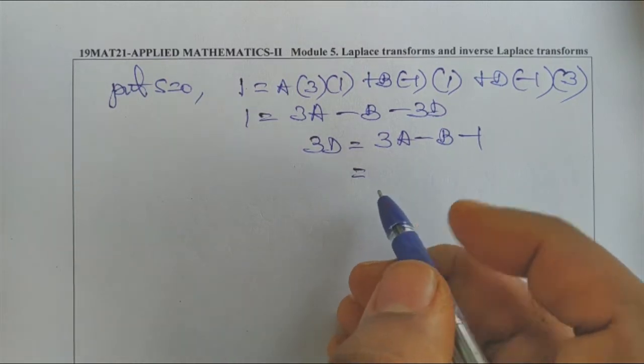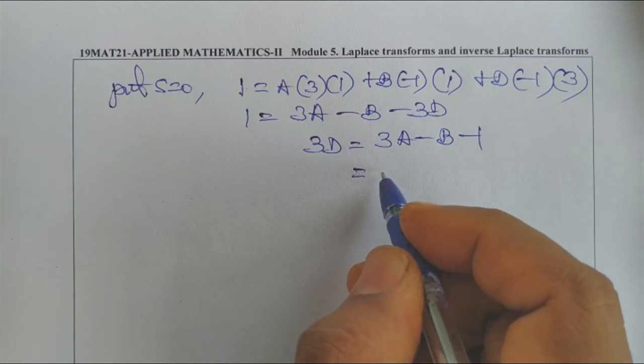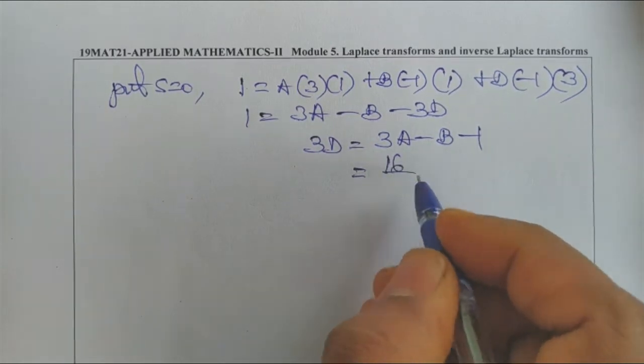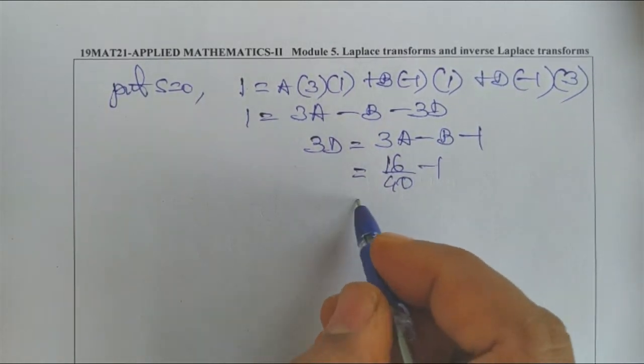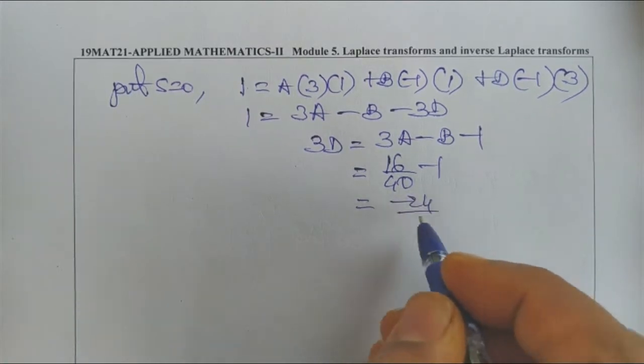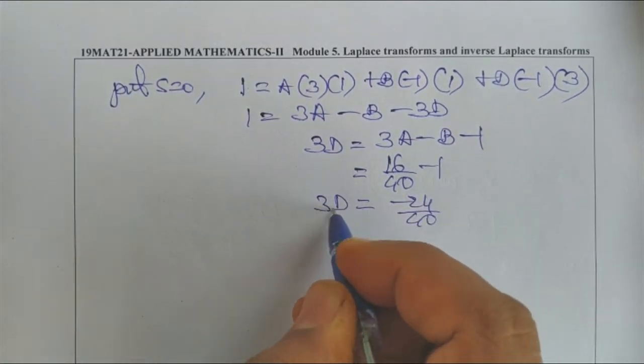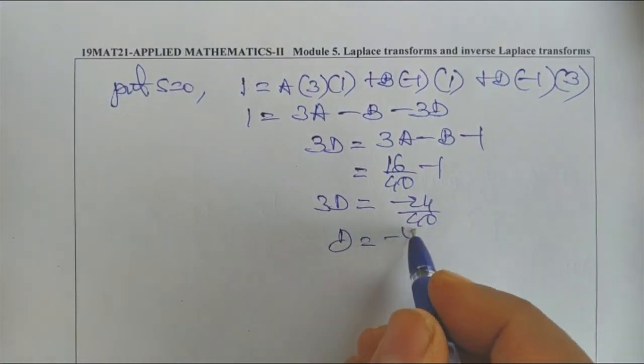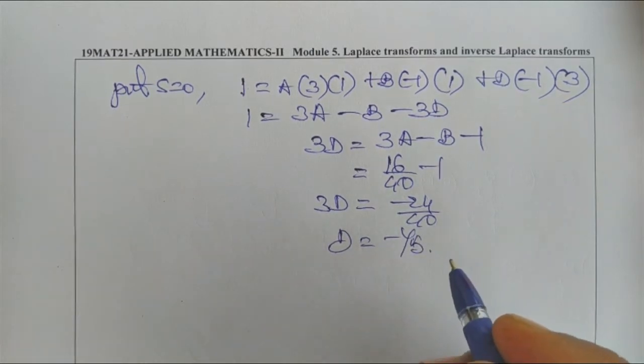If we simplify, we get 16 by 40 minus 1, so this is −24 by 40. So D is equal to −1 by 5.